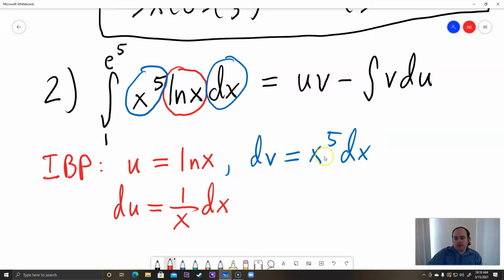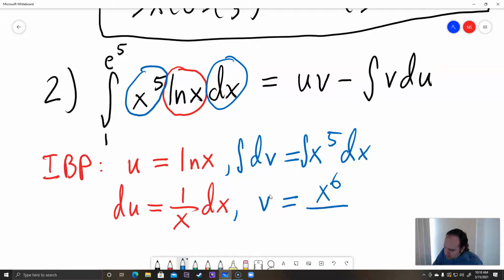And then for the dv, rather than taking the derivative, we actually have to take the integral. If I integrate both sides of this equation, I'm going to get v on the left side, and on the right side, using the power rule, I'm going to get x to the 6th divided by 6. Remember, the power rule for integrals is you add 1 to the exponent, and then you divide by the new exponent.